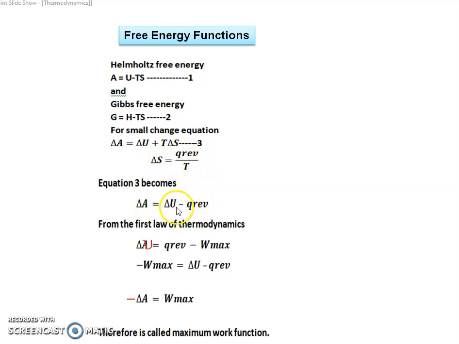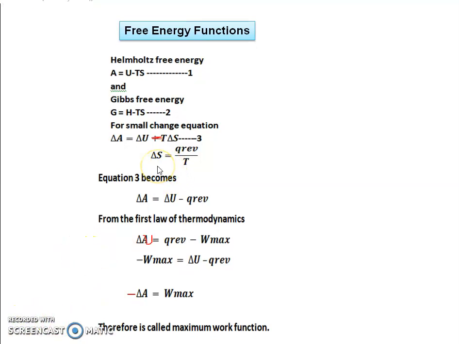Then equation 3 becomes delta A is equal to delta U minus Q reverse.